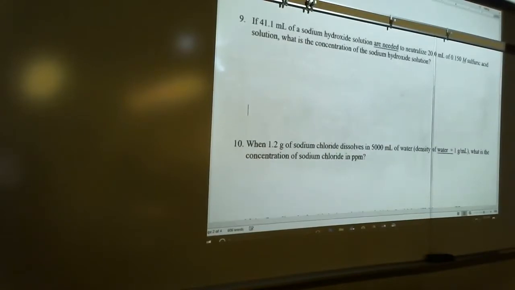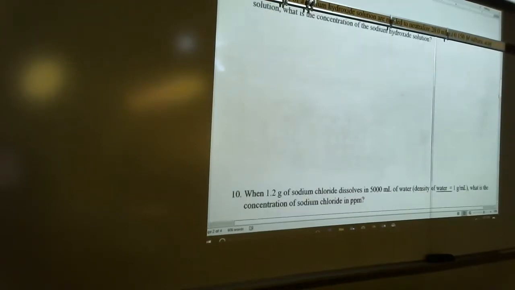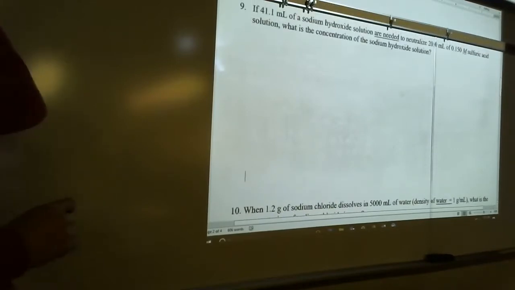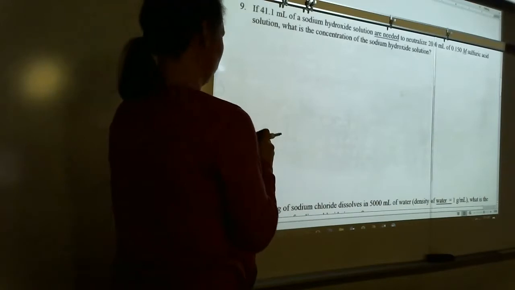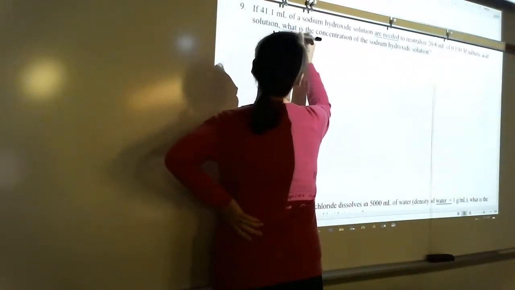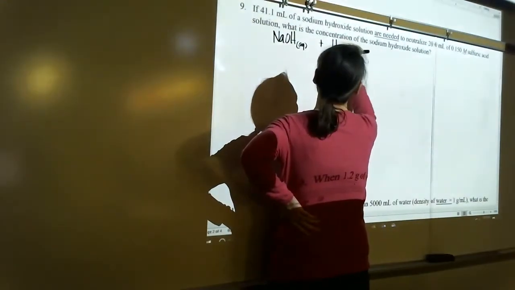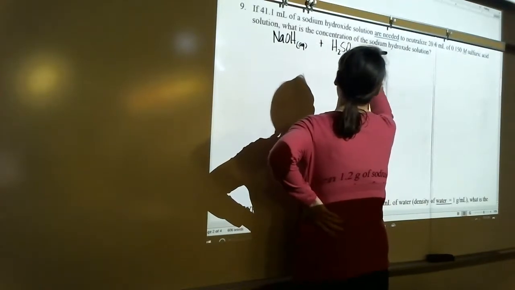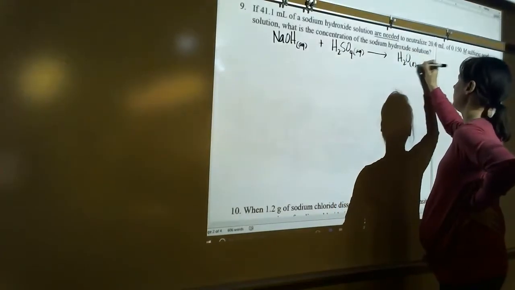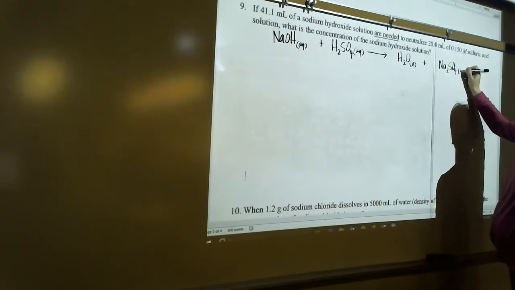All right, I'm gonna need a little bit more room here, because what kind of calculation is this? This is a titration, right? Okay, so let's write our neutralization reaction first. We've got NaOH (aq) plus H2SO4 (aq) producing H2O, which is a liquid, and Na2SO4, which is aqueous.